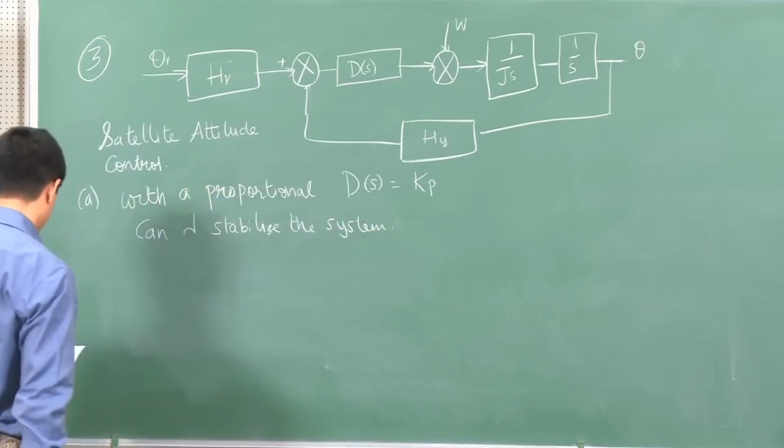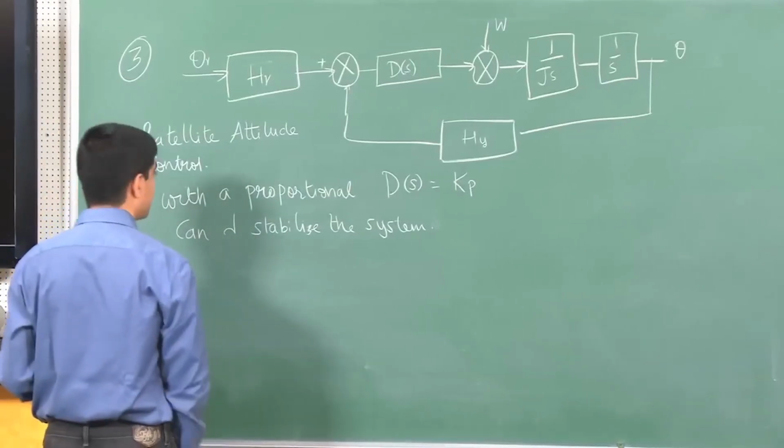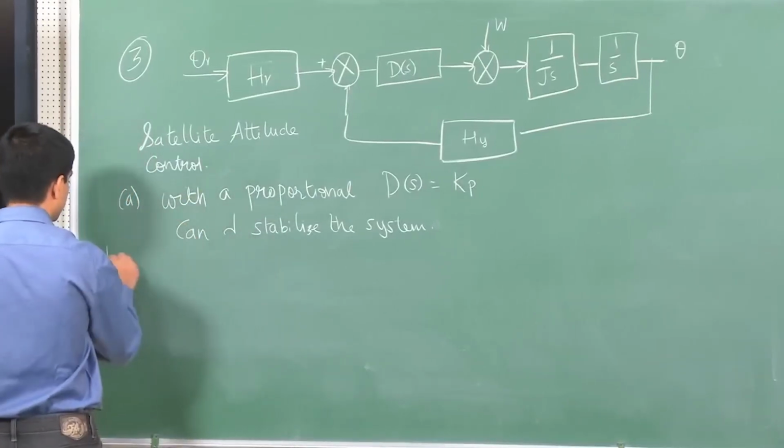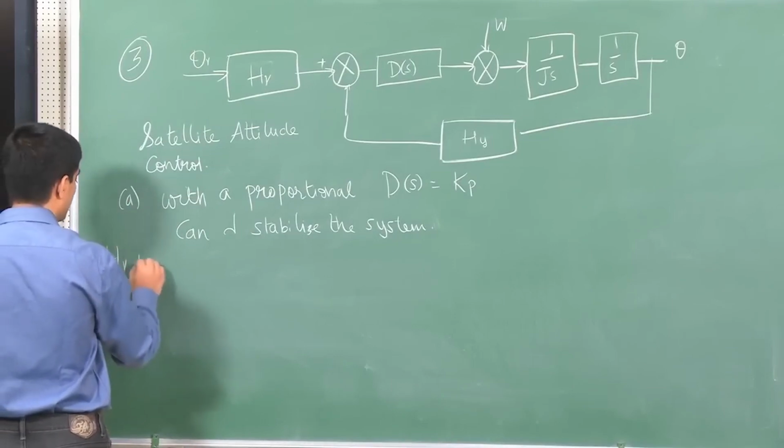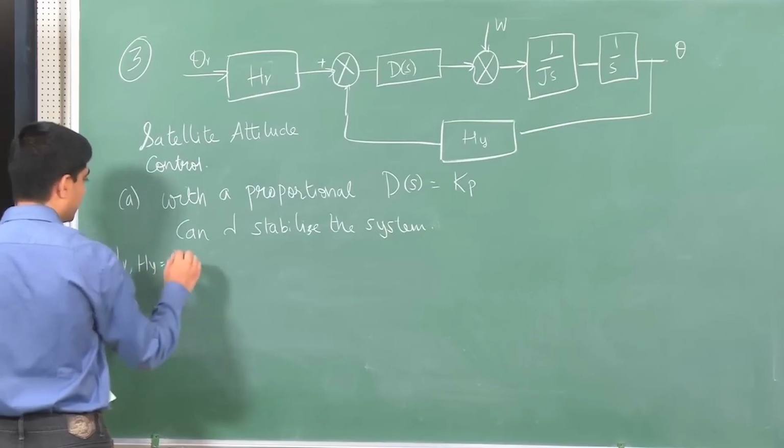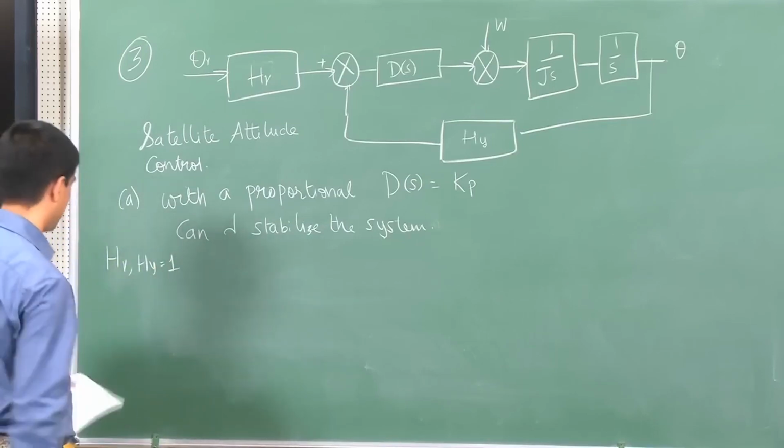Okay, so let's see. For some of these purposes, I would sometimes assume that HR and HY are equal to 1, even though nothing will change even if they are non-unity.